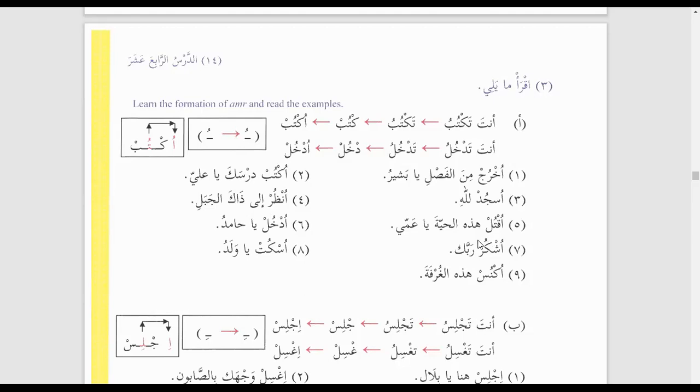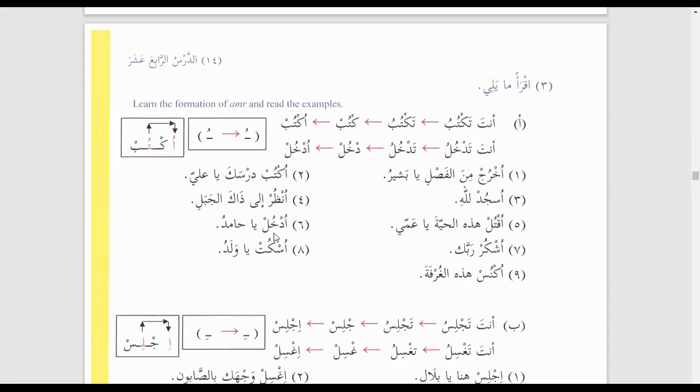Similarly, we have uqtul hadhihi al-hiyyata ya ammi, kill this snake, oh my uncle. So uqtul is also from qatala yaqtulu, from taqtulu we make uqtul. It has to be sakin because we are not connecting it with al, so that's why it will be read completely as uqtul. Udkhul ya hamidu, get in, O Hamid.